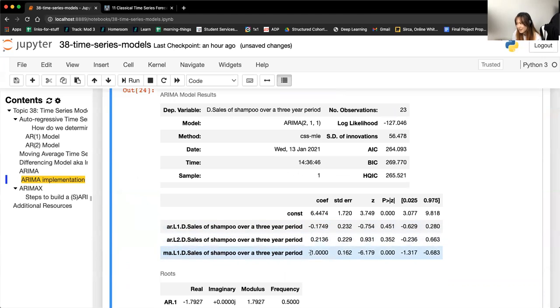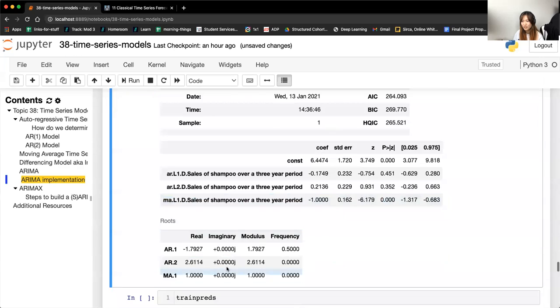These would basically be, if you were to write out your linear model for your time series, these coefficients multiplied by the data from 1 day back, 2 days back, and the 1 day back error. What the roots are, not important for now. It gets into imaginary numbers, and I know that sounds crazy, but yeah.